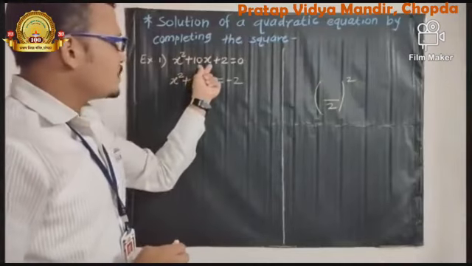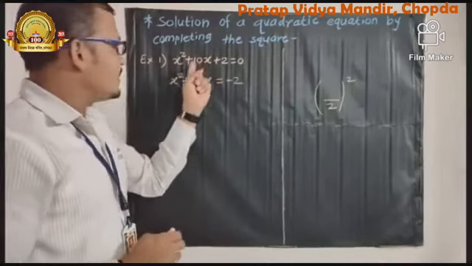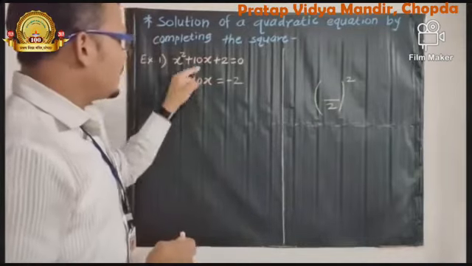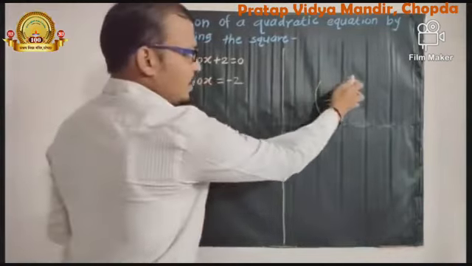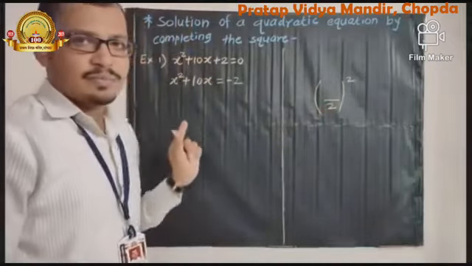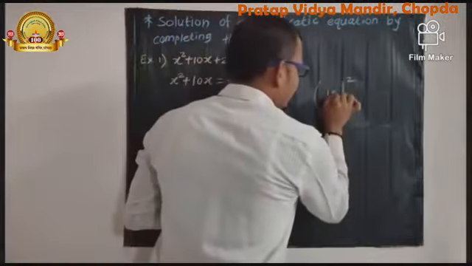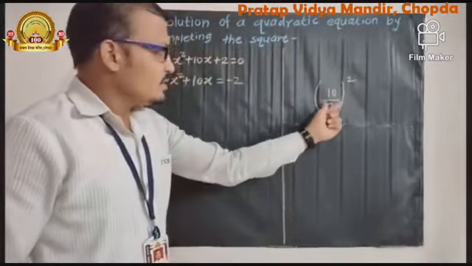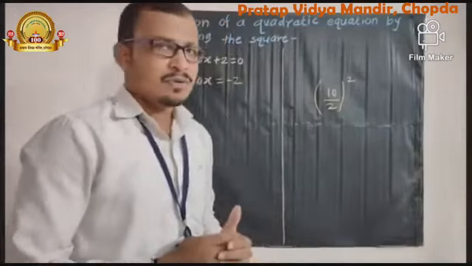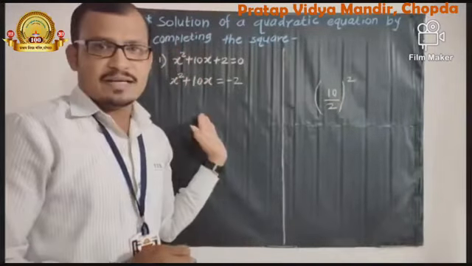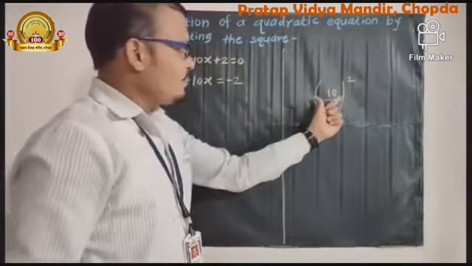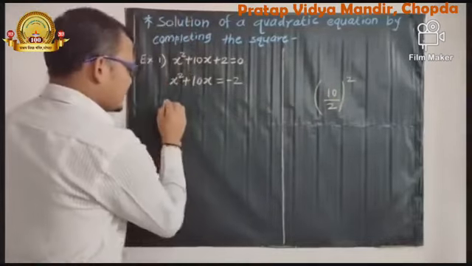What is the coefficient of x in the middle term? 10 is the coefficient. So we have to do the square of half of the coefficient of the middle term, that is 10, and add this term towards both sides, LHS as well as RHS. So let us add this term towards both sides.